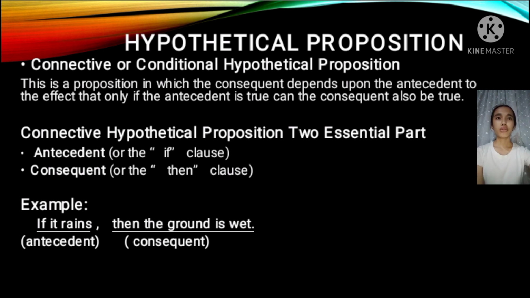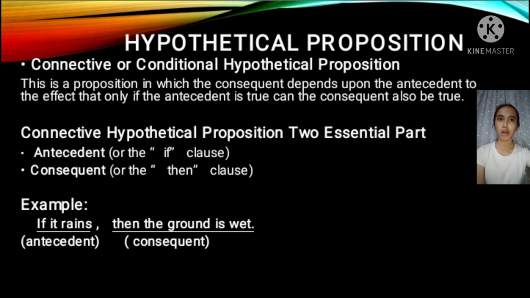First is the connective or conditional hypothetical proposition. This is a proposition in which the consequence depends upon the antecedent, to the effect that only if the antecedent is true can the consequence also be true.